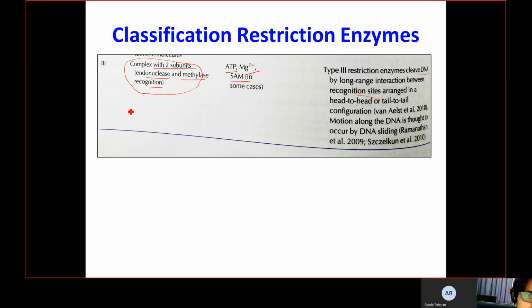These complexes make it a little harder for scientists to purify individual subunits and reconstitute them to understand how they work and what the mode of cleavage is for these enzymes, because type 1 and type 3 both move or translocate and only then cut, so their cutting site is not fixed most of the time. And we will see next the video on type 3 restriction enzyme.